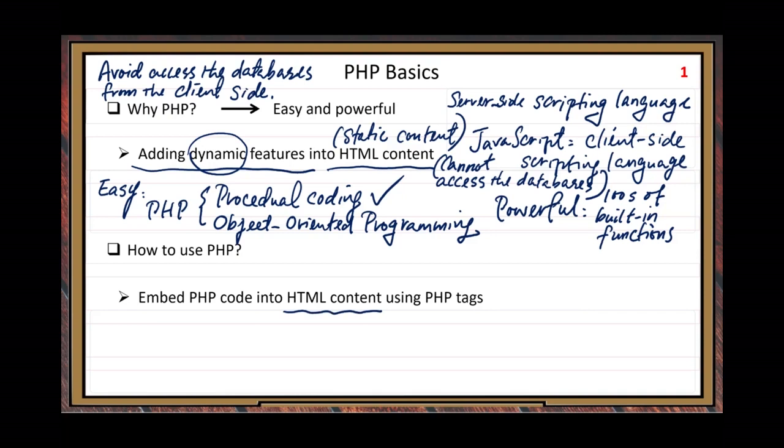You have the HTML content, and then whenever you want to add some dynamic content, you just embed PHP code. But how do you embed PHP code? Using the special PHP tags.